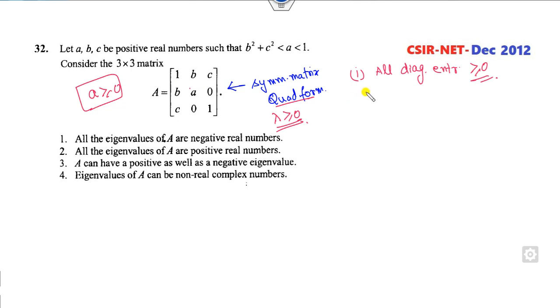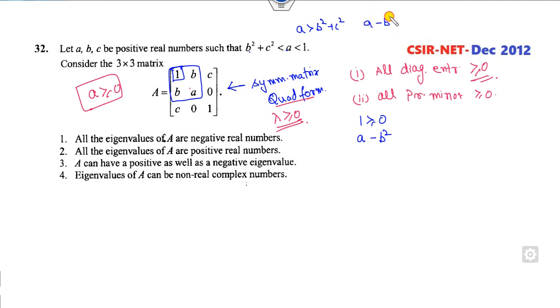Fine. Now look at that. Second, all the principal minors are greater than 0. So what is the principal minor? The first principal minor is my first value 1, satisfied. The second principal minor is the 2 cross 2 determinant, A minus B square. So you can see A minus B square, A is greater than this.